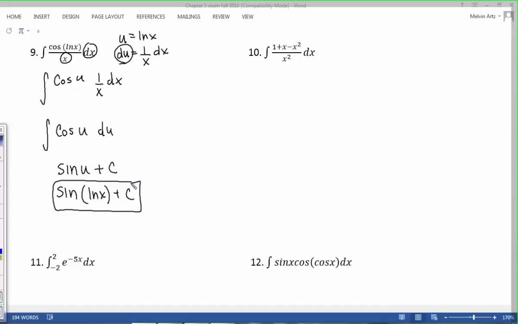For number 10, let's divide each term by x squared. So we'd have x divided by x squared and minus x squared divided by x squared. So rewriting this in the form of x to the n, this one we won't, because we can see it would be x to the negative 1, which is 1 over x, and we know that's the special case.